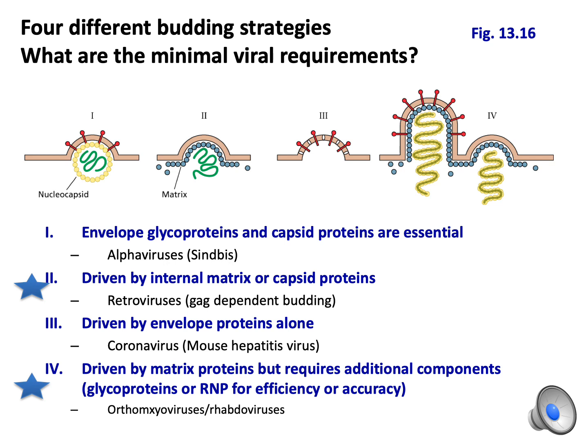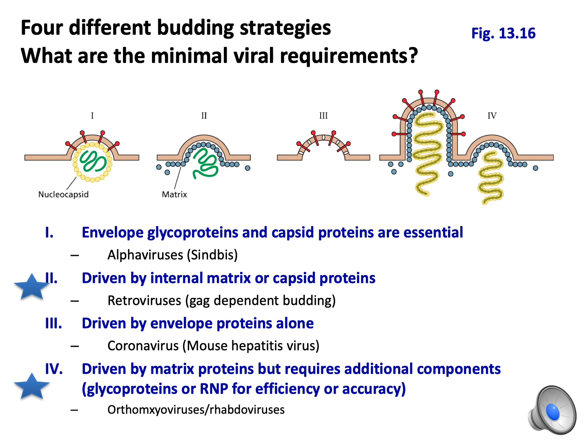In other cases, there are no glycoproteins needed at all, just the assembly of the matrix or capsid proteins at the plasma membrane is enough. And that's true actually for retroviruses. Budding is dependent on Gag, but you can actually get it to work experimentally without having any glycoproteins there if the matrix gets to the plasma membrane.